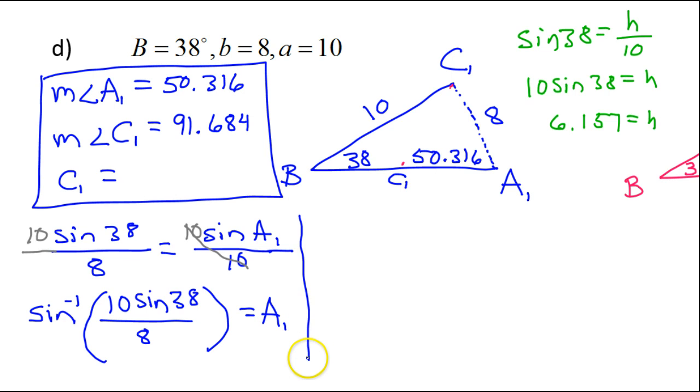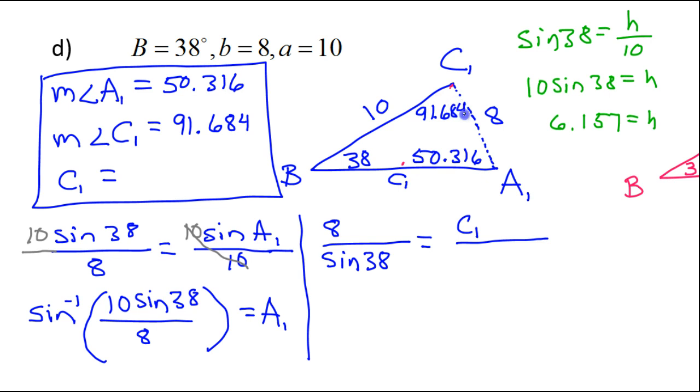Now I can use the law of sines to find side C1. Since I'm looking for a side, I'm going to put sides in the top. So I'm going to say 8 over sine 38 is equal to C1 over the sine of 91.684.